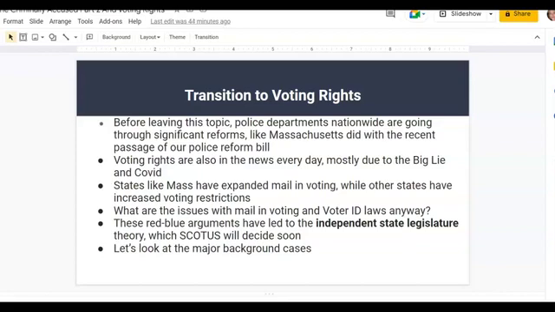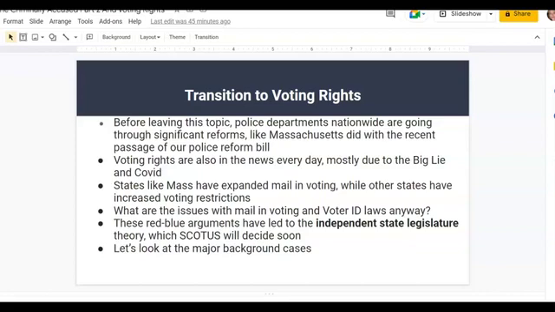So what the elections clause in Article 1, Section 4 says will be quoted in this week's test. You'll get to look at the language. But basically it says that state lawmakers create the rules for their own elections and some basic rules for federal elections, and that's fine.